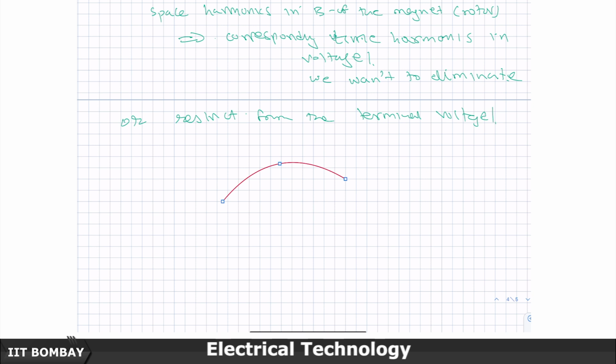If this is, let us say, my stator side, and this is a 90 degrees distribution, half of the pole pitch I am showing.